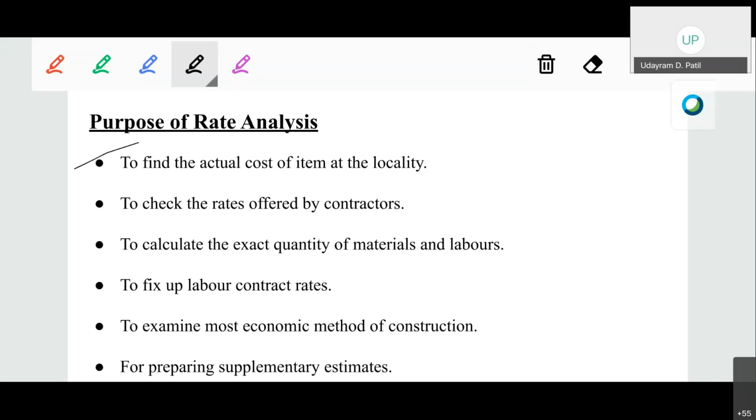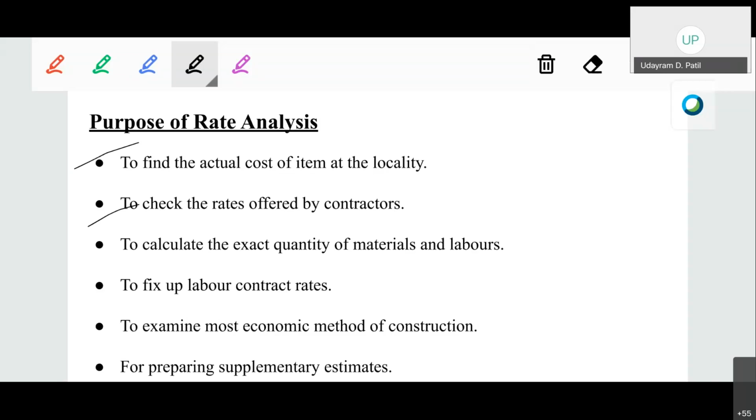Okay, the second is to check the rates offered by the contractor. If you are inviting tenders from contractors and we know that the DSR rates are higher, the contractor is going to bid lower than the DSR rates.